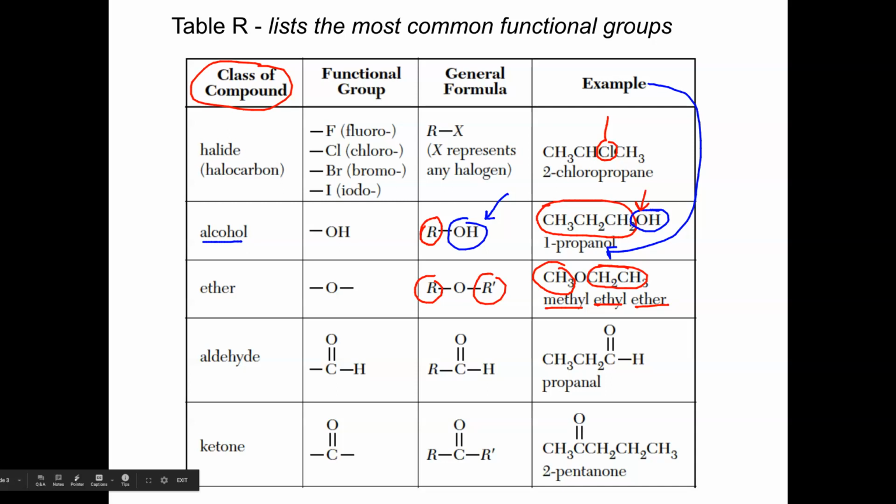And so a halide or a halocarbon has different properties than an alcohol. Why? Because halides have these what? Halogens bonded. Alcohols have different properties because they have OH, and ethers have different properties because of this O in between. And so that's how it works. So different functional groups give them different functions because structure is king.